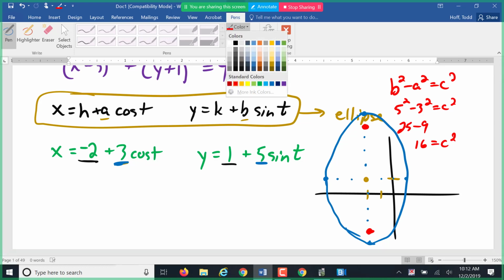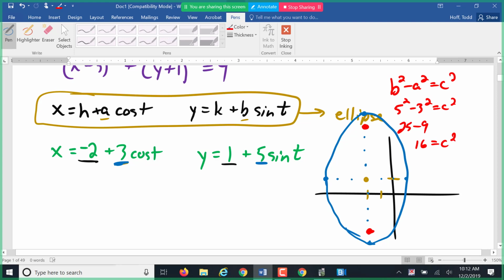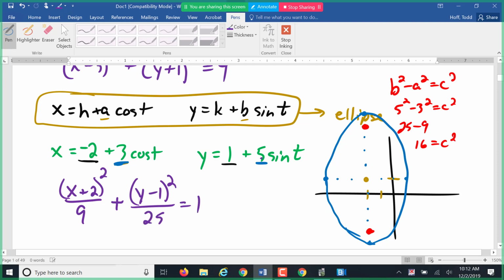If we went through the conversions, this should be of the form x plus 2 over 3 squared is 9 plus y minus 1 squared over 5 squared is 25 equals 1.